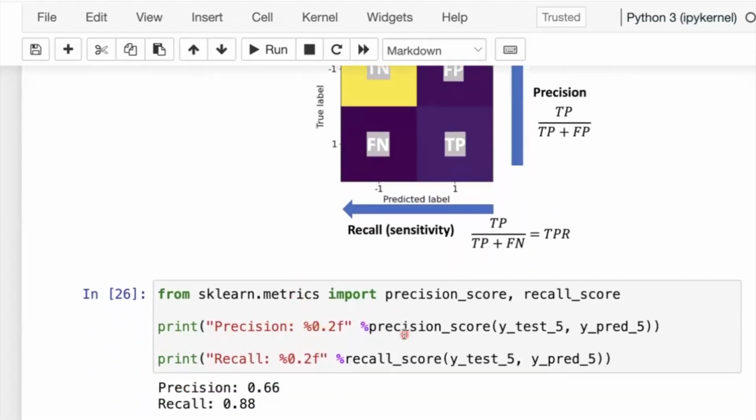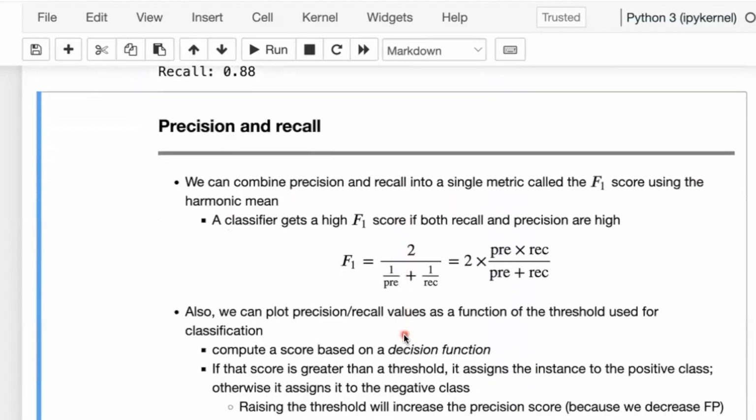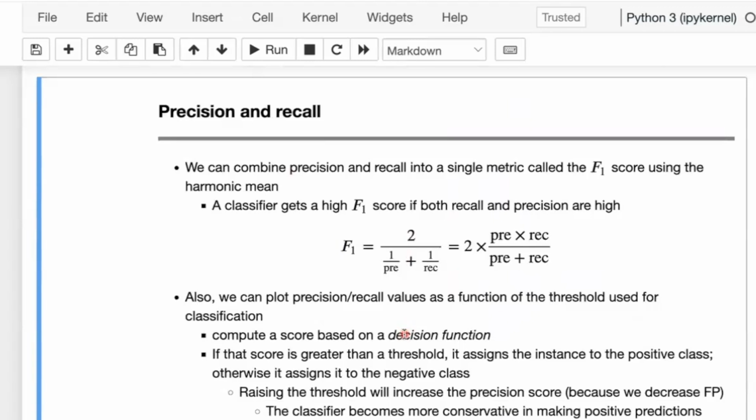That's why you can do a lot of discussion on precision, recall, and their implications. But what is important is that what we have done right now, we only have one precision score, one recall score. And in many cases, we want to be able to combine them together and give one number.